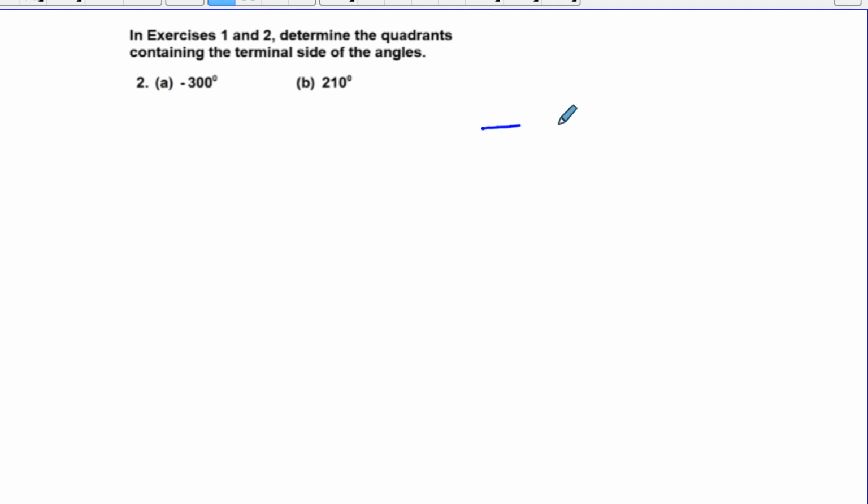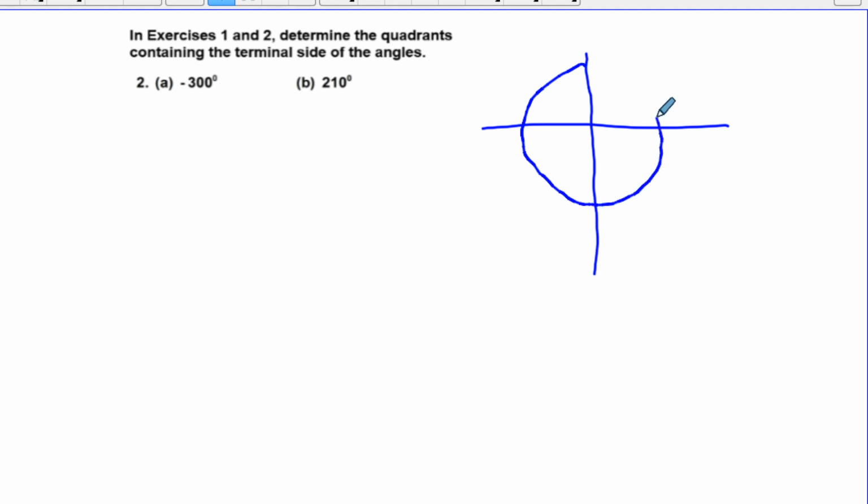So basically, if you look at a standard circle, we start here at 0, and for A we have negative 300, so that's going around this way to negative 300, so that's going to be quadrant 1.